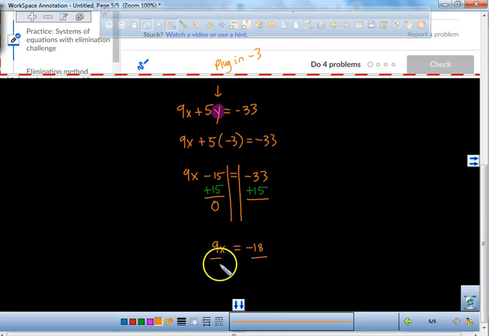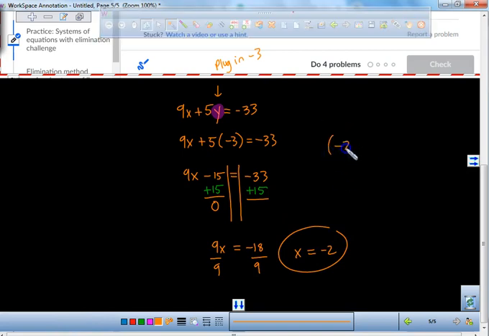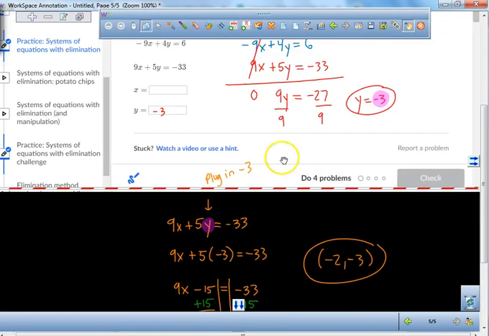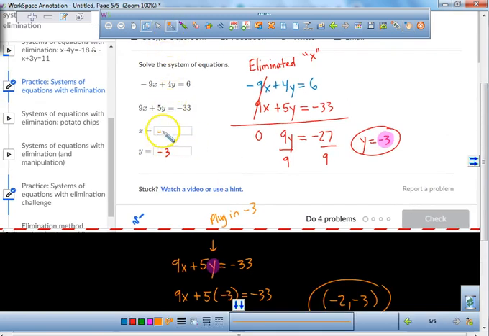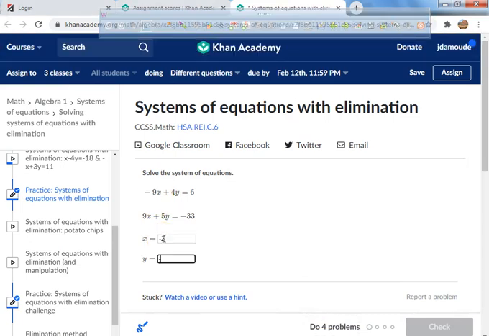When we divide both sides by 9, x equals negative 2. So that's my other answer. As an ordered pair, my answer would be negative 2, negative 3. But you don't have to write it as an ordered pair; all you have to do is type in negative 2 and negative 3.